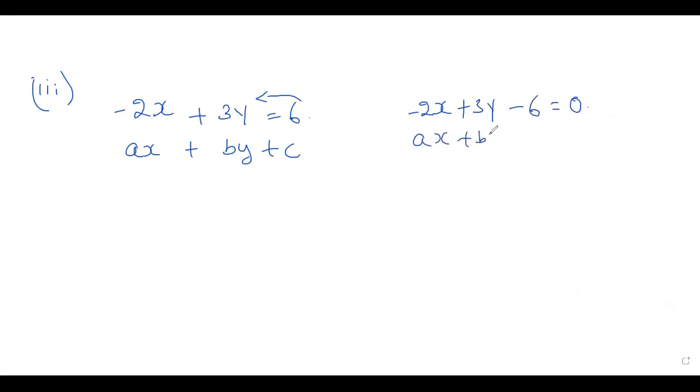Ax plus by plus c is equal to 0. What is a here? Minus 2. B is plus 3. C is minus 6. So therefore I will write here a is equal to minus 2, b is equal to 3, c is equal to minus 6.